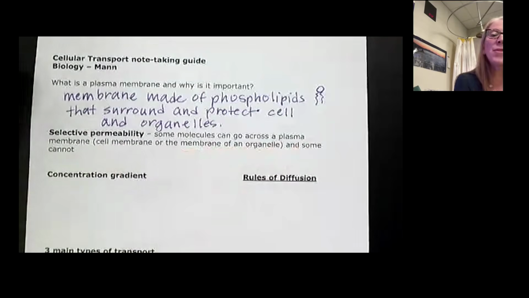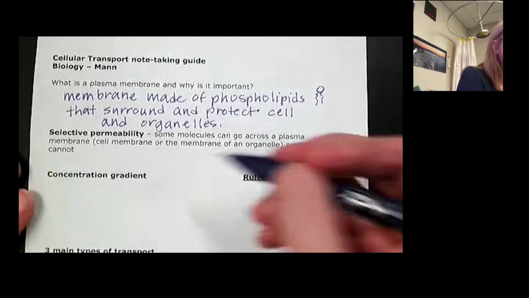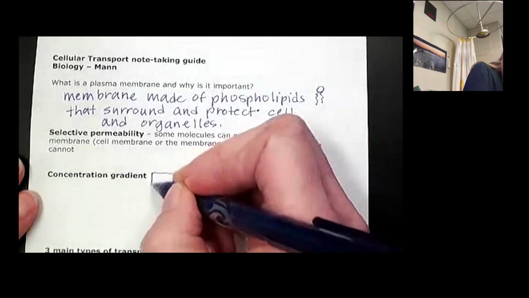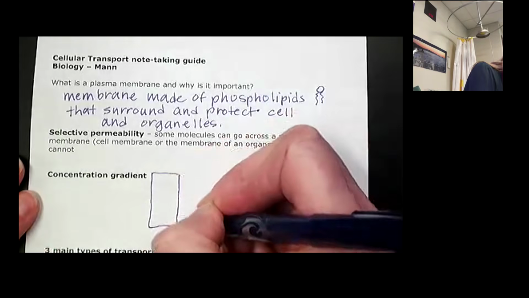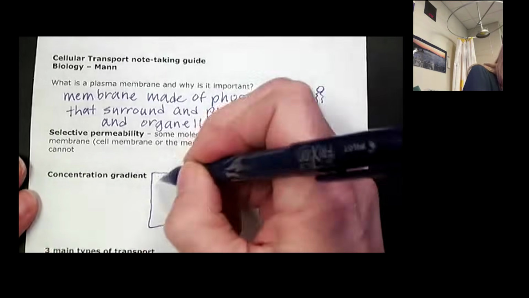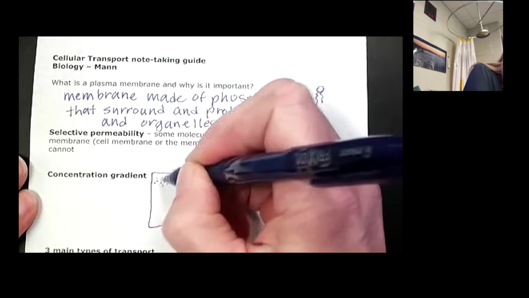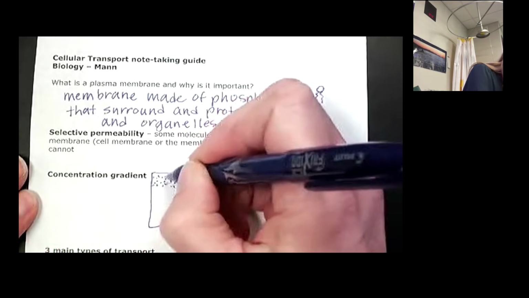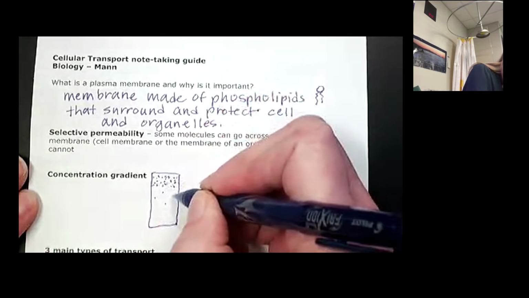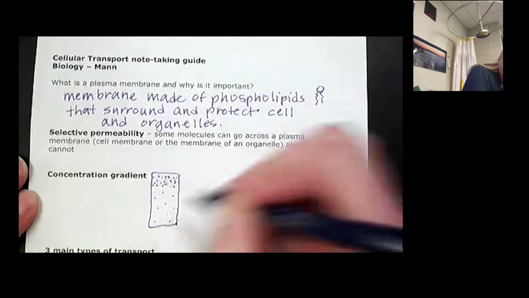All right. And then the next word we need to be aware of is this term, concentration gradient. All right. And so that sounds really tricky and complicated, but really what we're getting into is that if we had an enclosed space, and we had a bunch of molecules on one side of that space, and there were less molecules on the other side of the space.